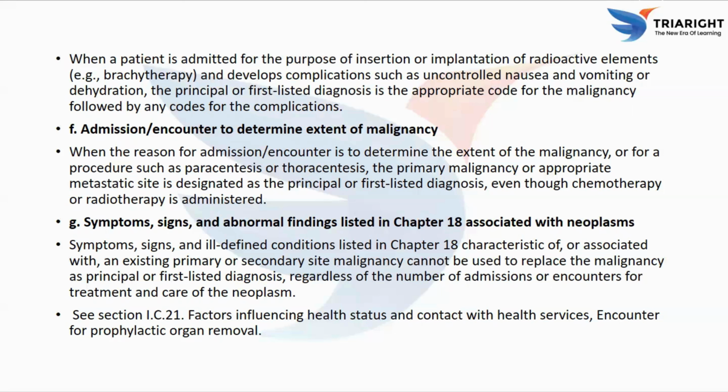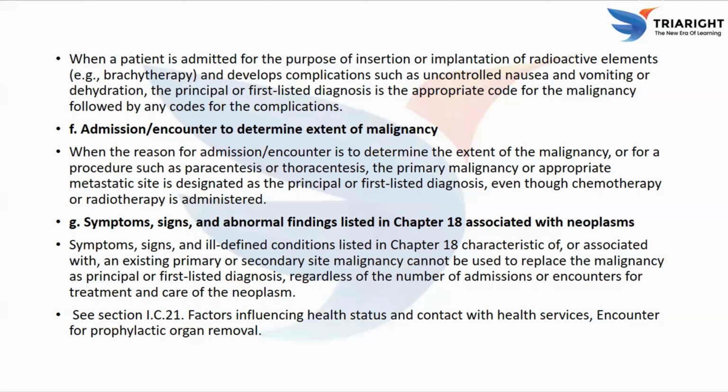A patient with lung cancer is admitted for chest pain due to a tumor. Always code lung cancer as the principal diagnosis and chest pain, that is from the chapter 18 R series code, as a secondary diagnosis. Always remember that the chapter 18 codes, the signs and symptoms, must not be assigned as a principal diagnosis. They should always be assigned as a secondary diagnosis. If the cancer is present, symptoms bow to the cancer.